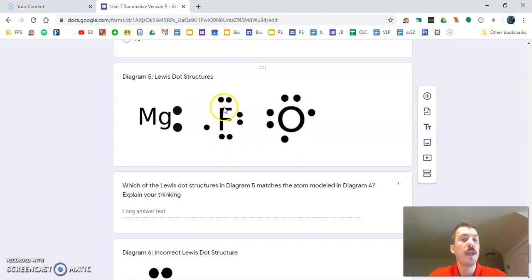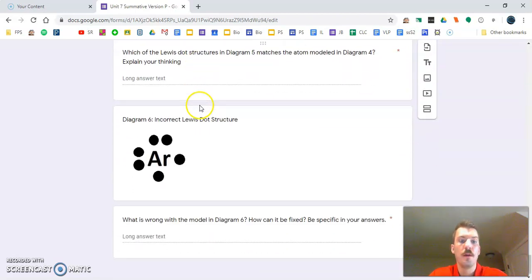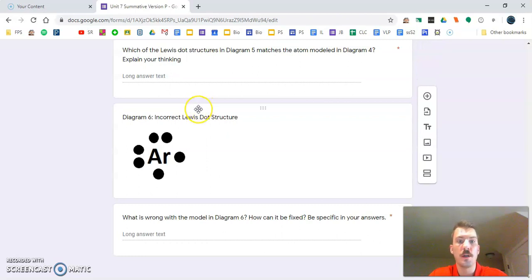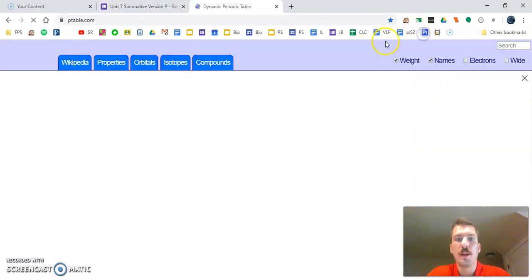That is a level 3 question on the models rubric. This is the level 4 question. Here you're provided in diagram 6 with an incorrect Lewis dot structure. So here, AR in the center, looking at your periodic table, you can see it's argon. And argon, I'll even show it to you on the periodic table.